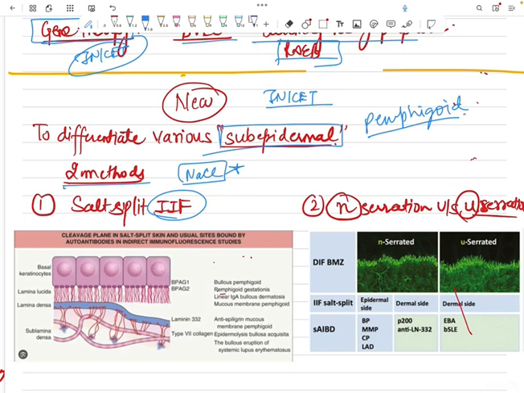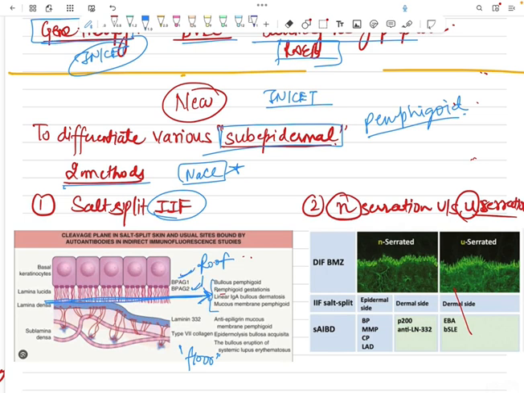It develops in the lamina lucida, right? Now you can decide what will show the roof pattern and what will show the floor pattern. Anything above this, meaning plectin, BPAG1, BPAG2, wherever these antibodies are developed, will show roof pattern.